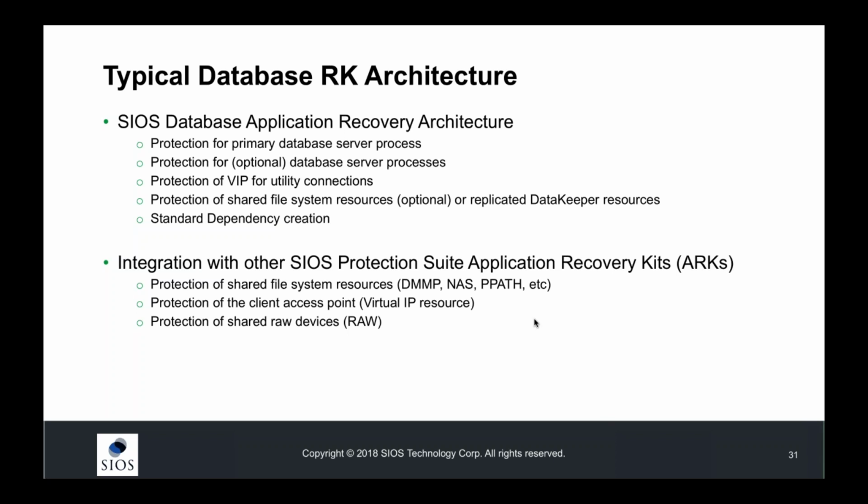And then the other SPS application recovery kits are available for the other layers of things beyond application or database specifics, such as virtual IP resources. Obviously, if a failover occurs, we need to redirect that IP connectivity to the surviving host or the target host that was failed over to.